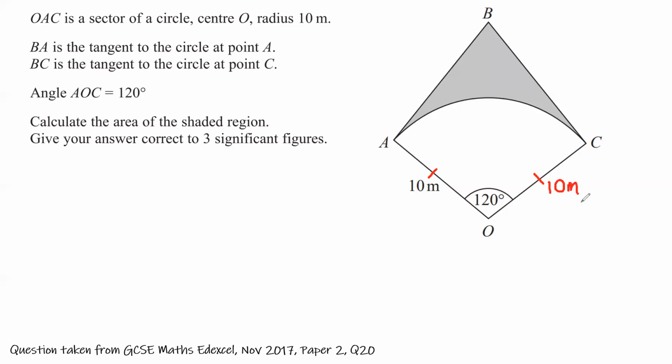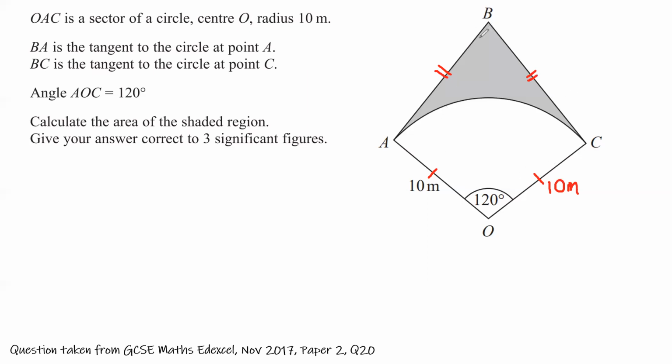Then we also know that both of these are tangents, and if two tangents meet at the same point, i.e. in this case tangent A and tangent C both meet at point B, that means both of these are the same length. Obviously at the moment we don't know what that length is, but that doesn't matter.